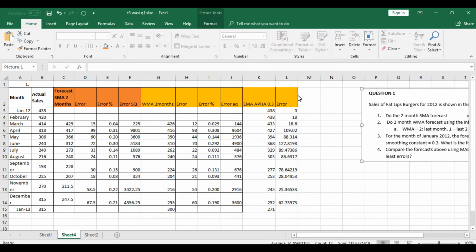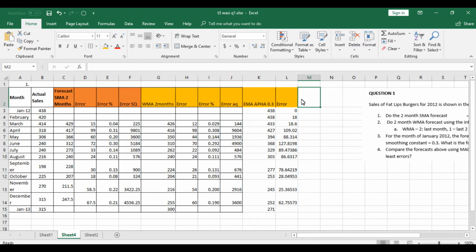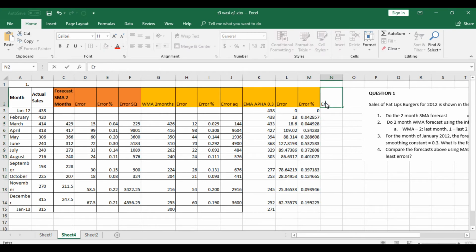The next thing is error percentage, which is, the formula for error percentage is error divided by actual sale. Take it down till December, and the last one is error square.